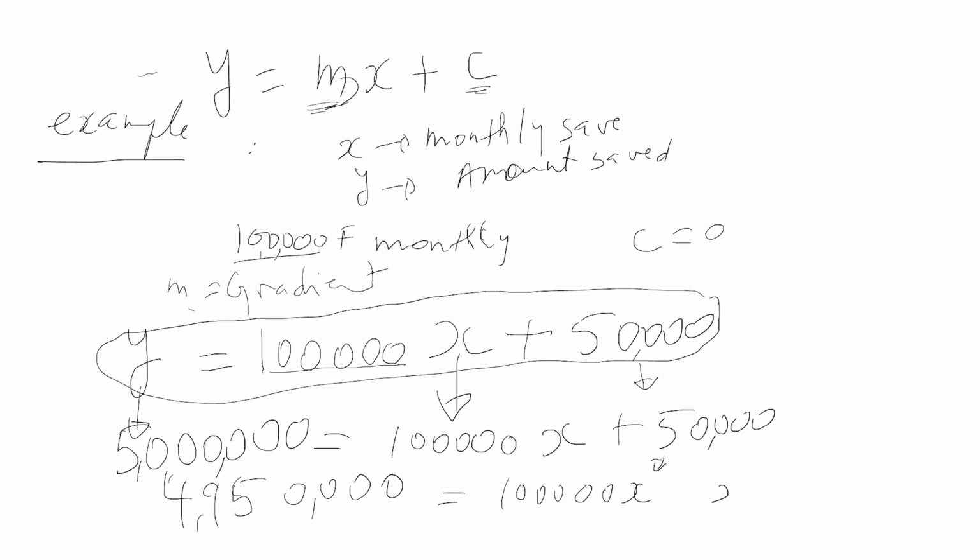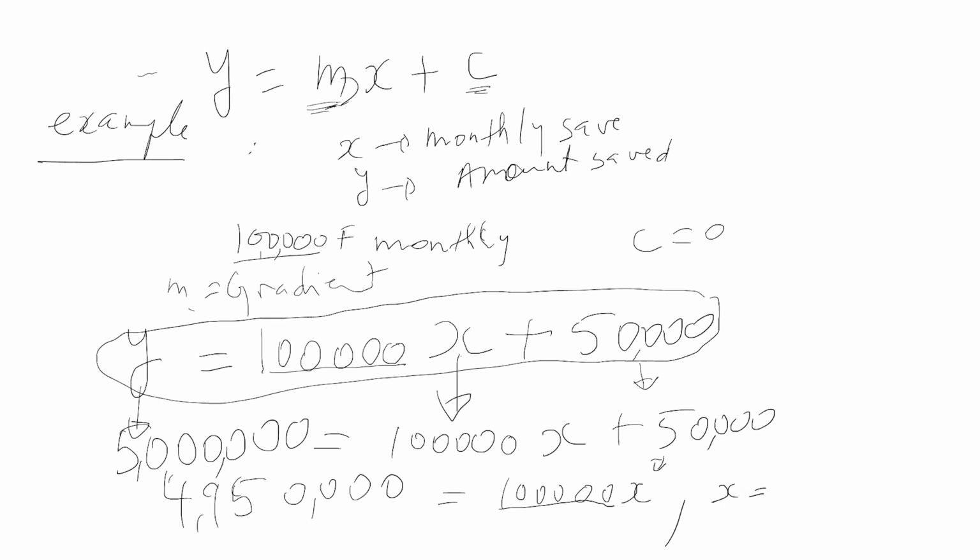100x. Then x will be, simply, we divide this amount, because 100x is equal to 4,950,000. How about a single x? I will divide this amount by 100 what? 100.